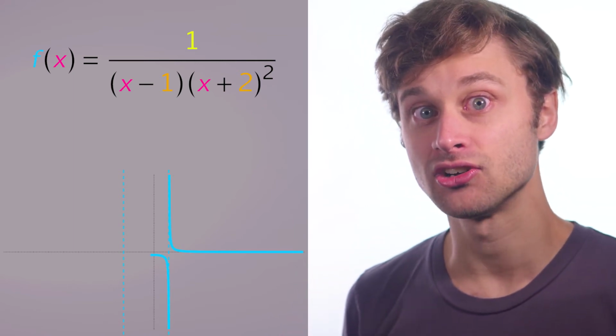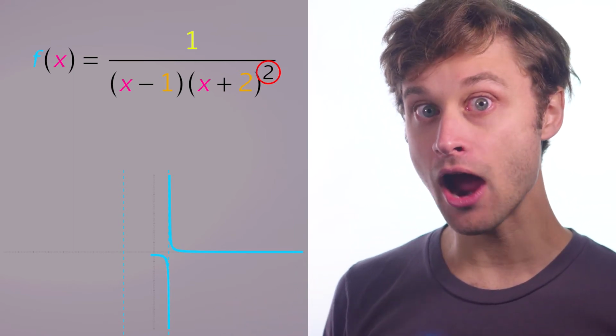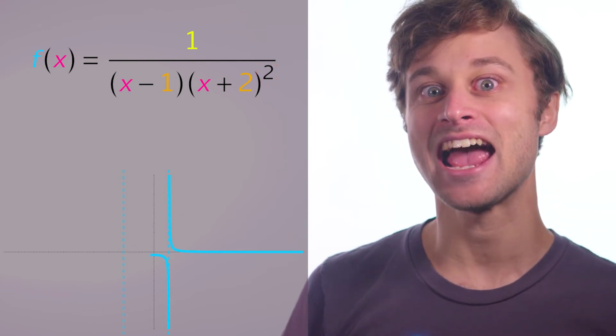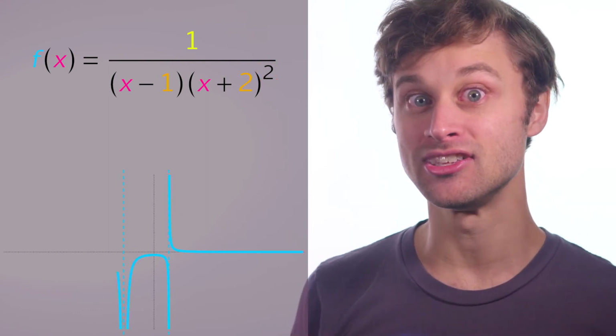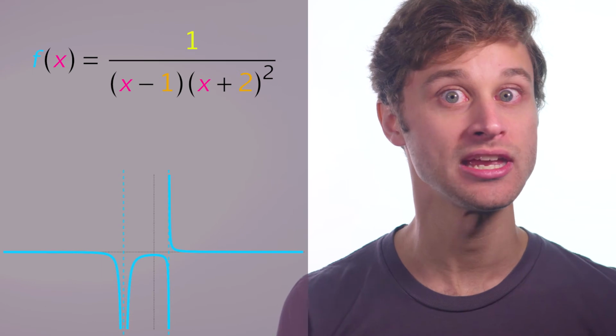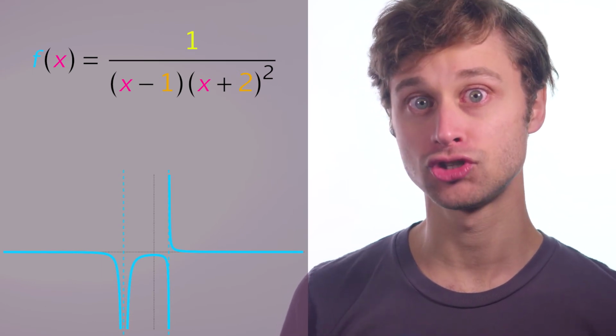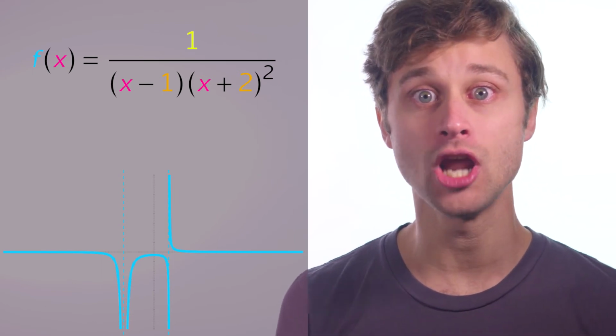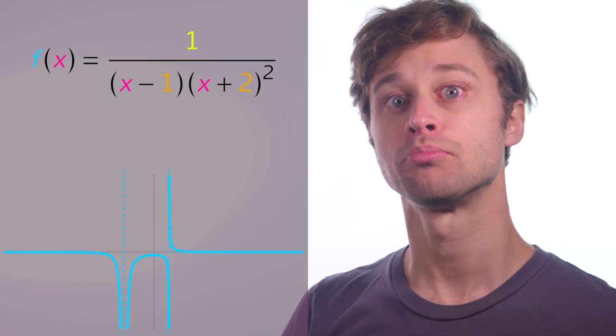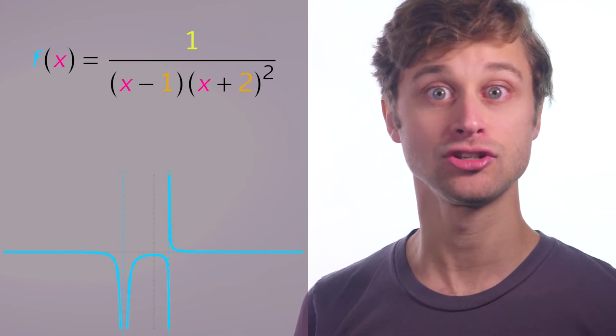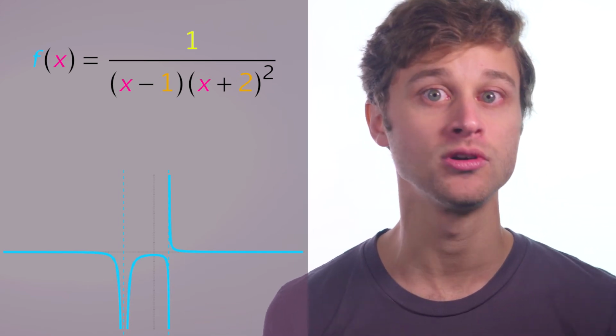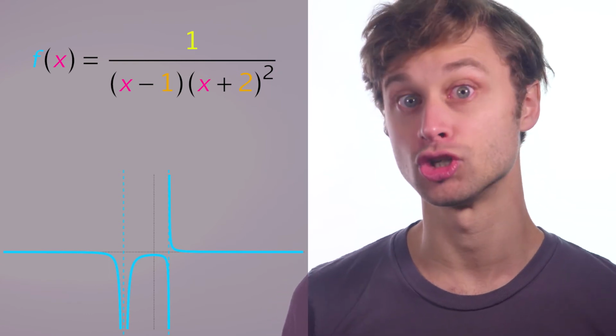But because that factor has a squared power associated with it, it's actually going to exhibit even symmetry across that boundary, x is equal to -2. So by using what we know about power functions, we can predict what a rational function with these various powers in its denominator is going to look like.